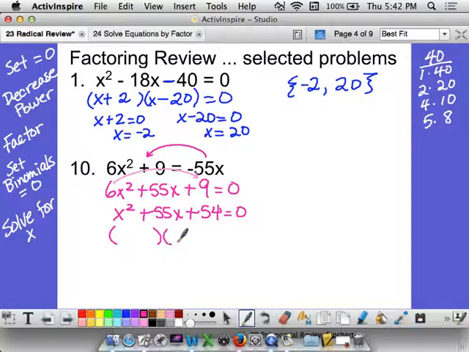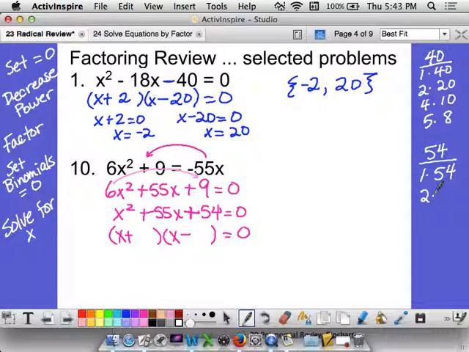We set up our two binomials equal to 0. The signs will be the same. They will both be pluses: x plus, x plus. Then the question is, what are factors of 54 that add and give me 55? If I go over and do 54, I have 1 times 54, which right there is my 55.